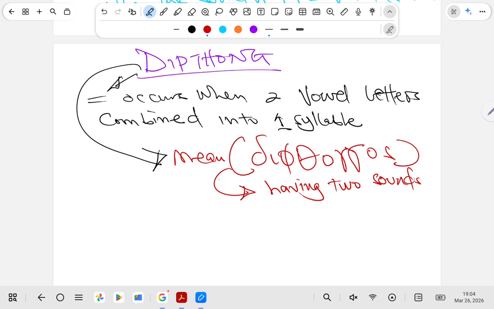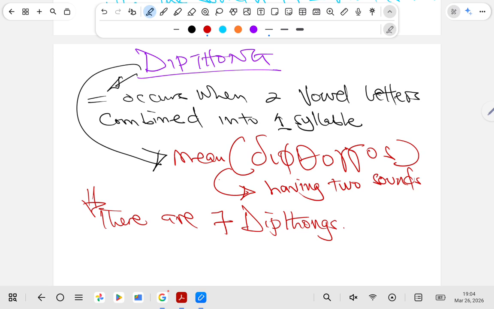Okay, so there are 7 diphthongs. And again, you notice the diphthong, two sounds, is straight from the Greek word diphthongos, because you're seeing the delta, iota for I, the phi, theta, th, omicron, o, and then something I'm going to explain later is the gamma, double gamma, omicron, sigma.